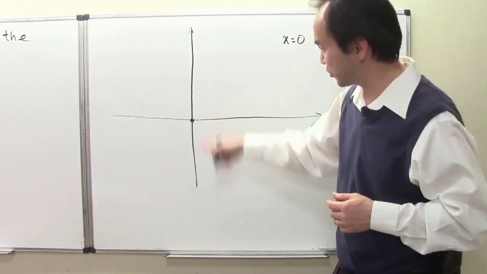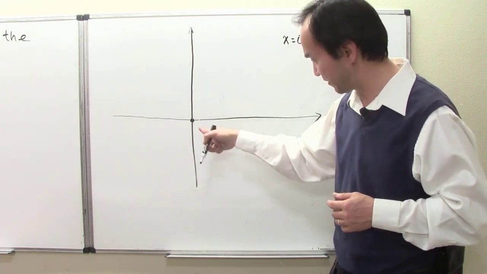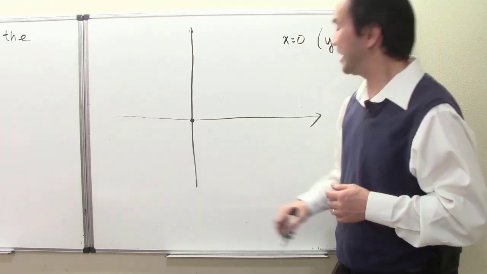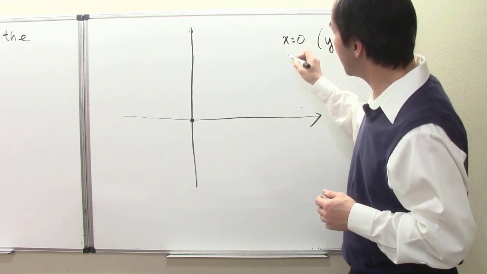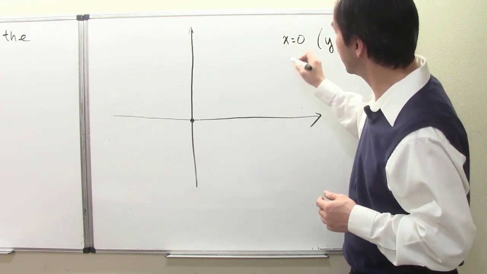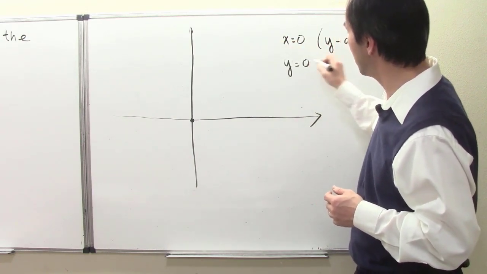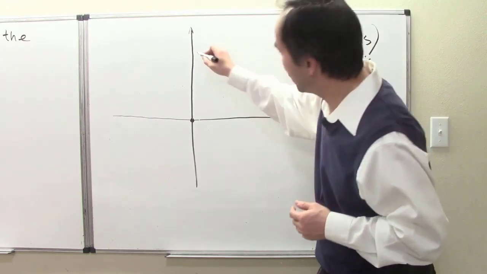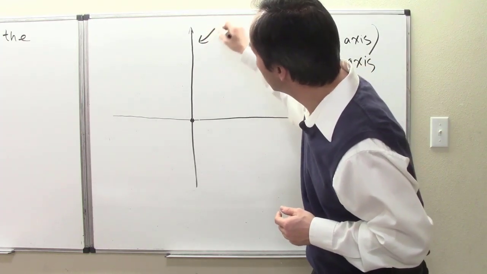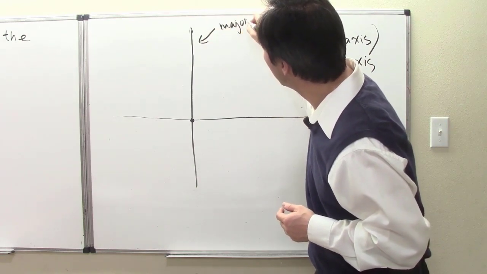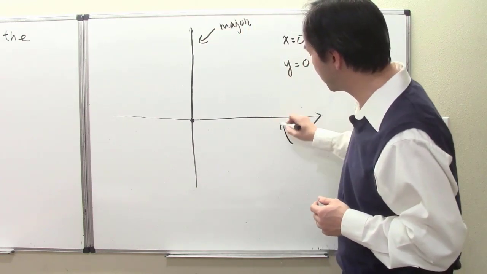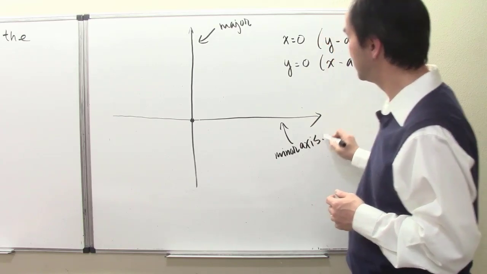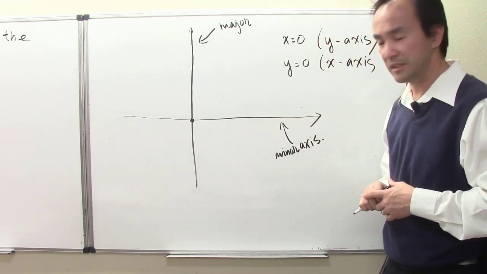And so it is truly, in this case, the y-axis itself, and our center is right here. Okay. And the minor axis is the line y equals 0, which is the x-axis. So major axis and minor axis. All right.